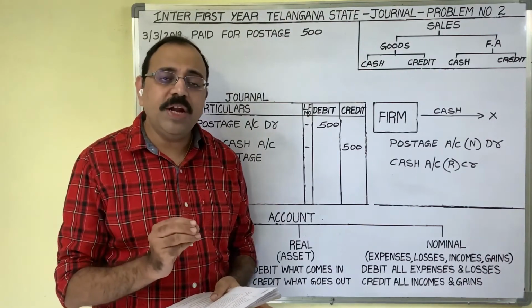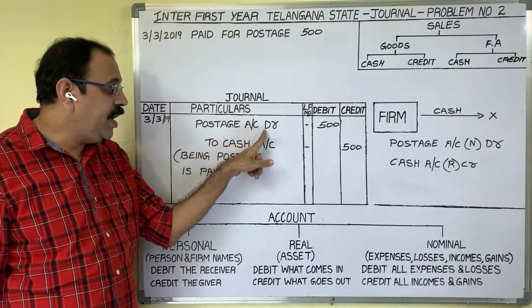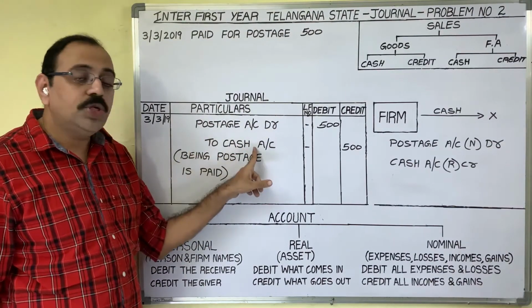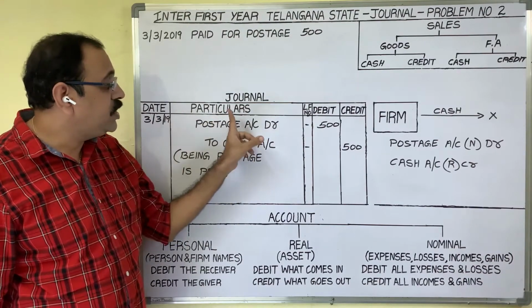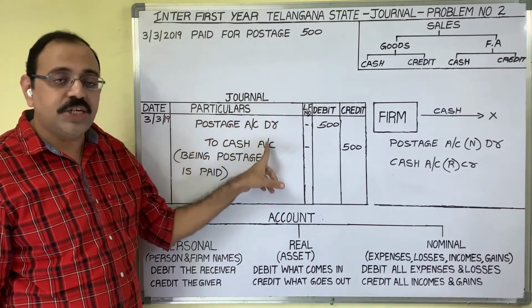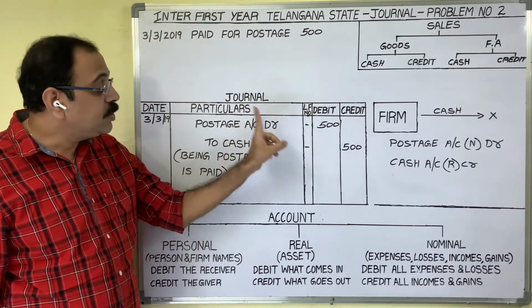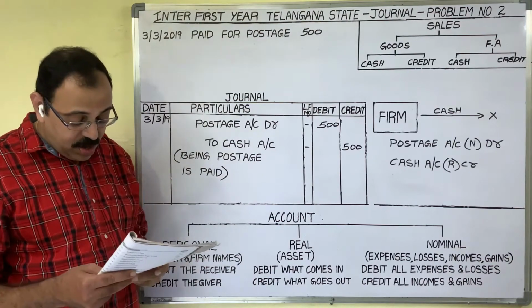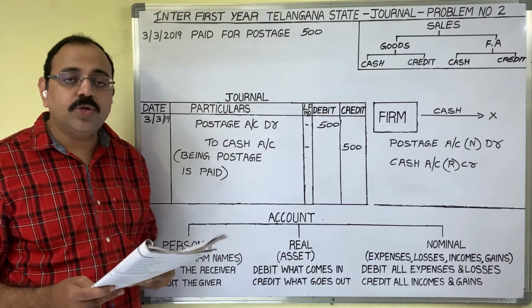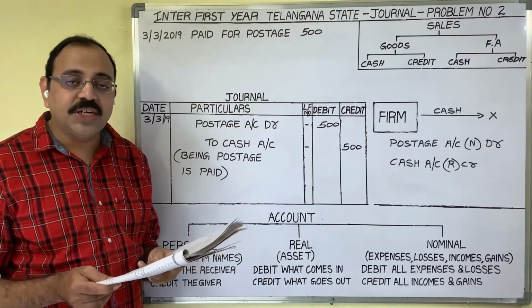In case of expenditure, what is the entry? Expenditure name should be debited and the cash account should be credited. Then the final entry is sundry expenses account debit to cash account. Narration being sundry expenditure is paid. Similarly, on 7th date also he is giving an expenditure related transaction.